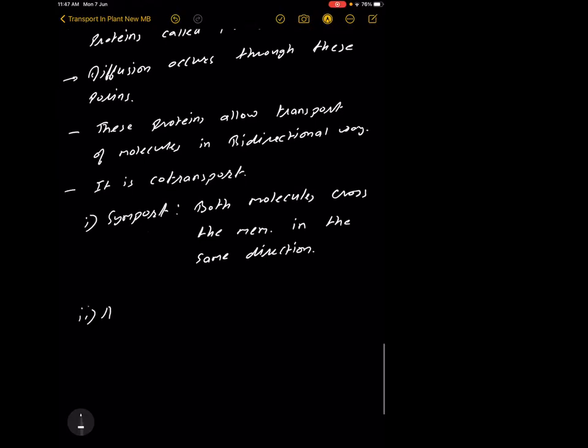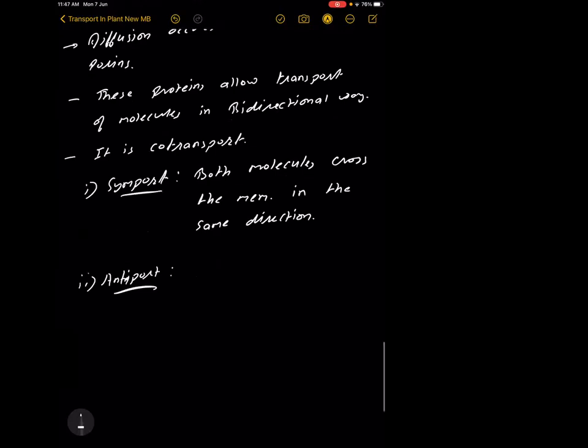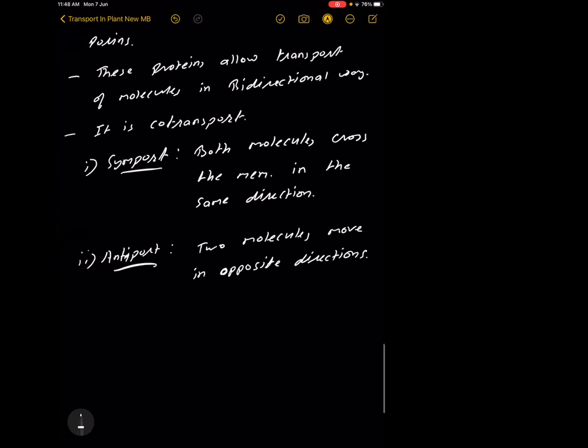Next is antiport. They move in opposite directions. Two molecules move in opposite directions. So that is antiport.